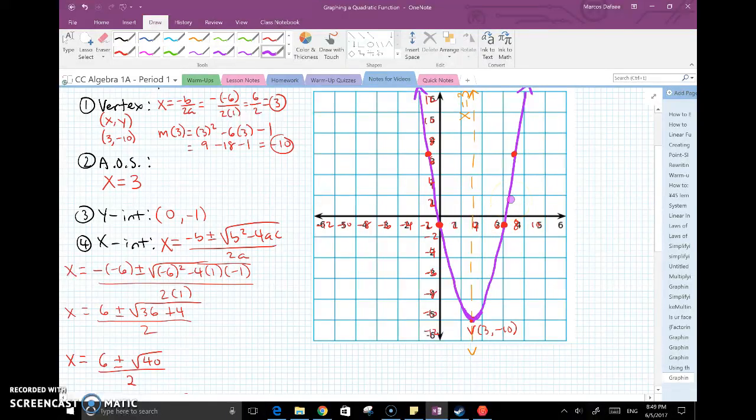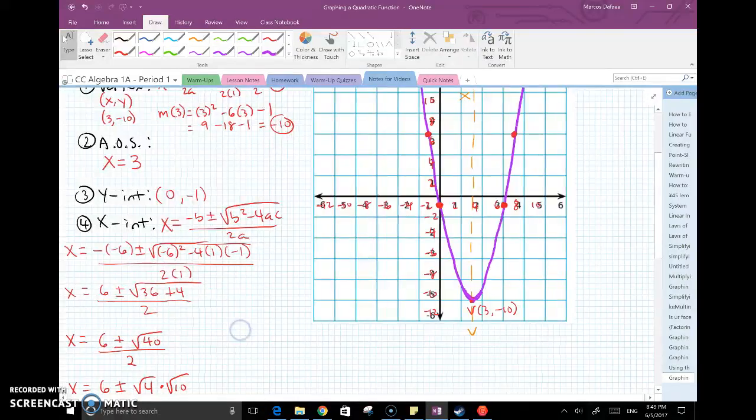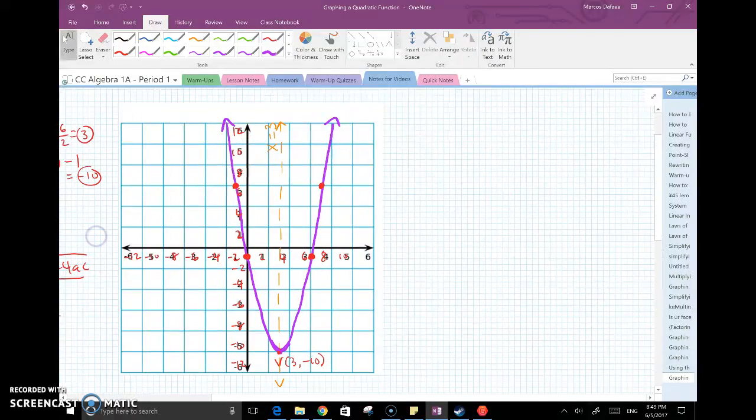Now we can write the domain and the range. The domain of a parabola like this that goes on infinitely will usually be all real numbers. And all this means is that as it goes infinitely upwards or infinitely down, it gets increasingly wide, right?